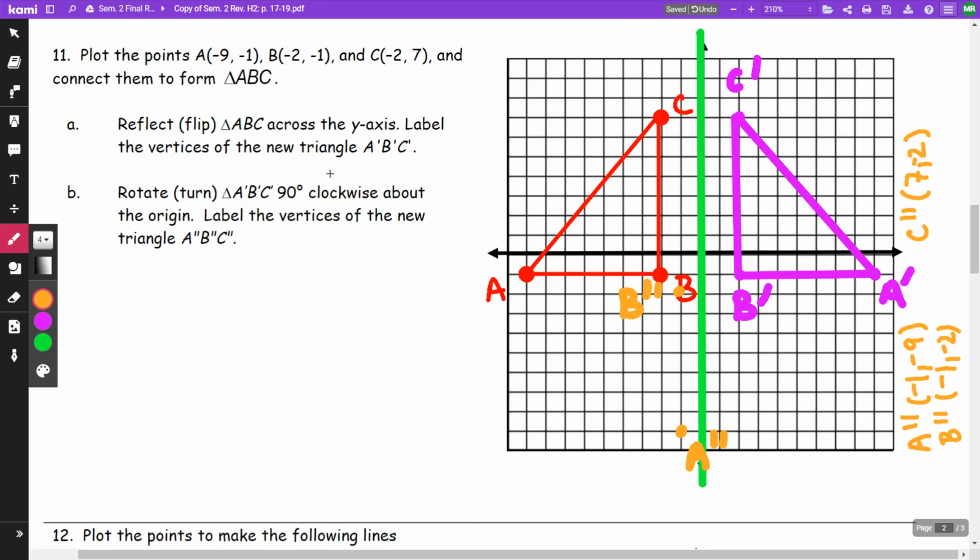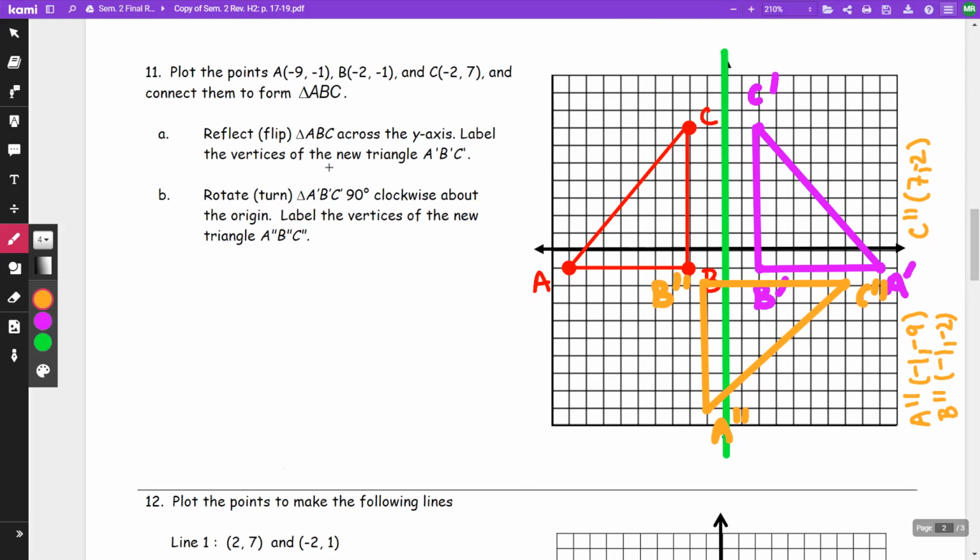C is 7, -2. So 1, 2, 3, 4, 5, 6, 7, -2. And let me connect these. And that's where A double prime, B double prime, C double prime will be.